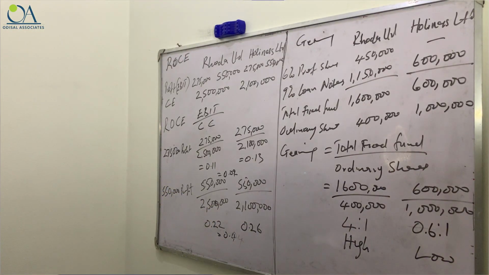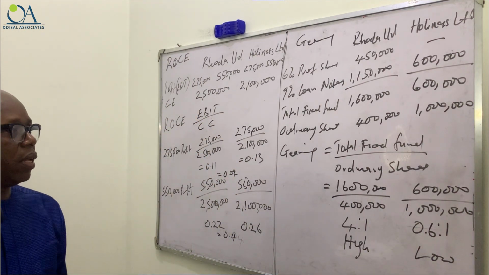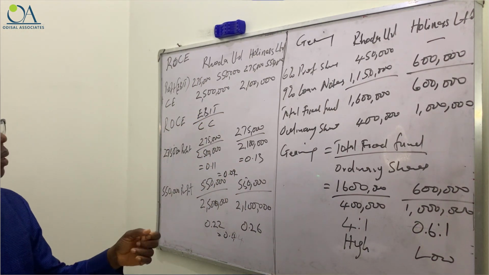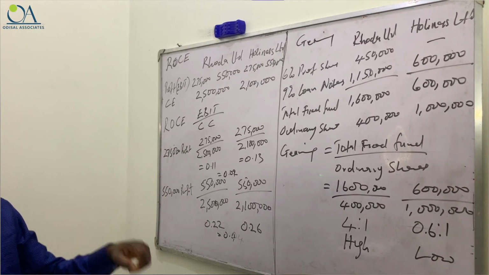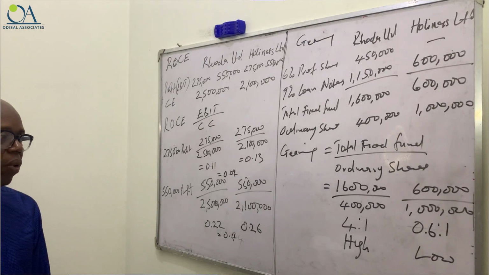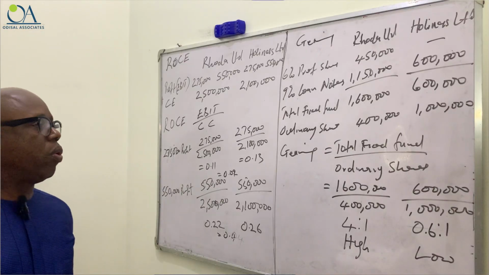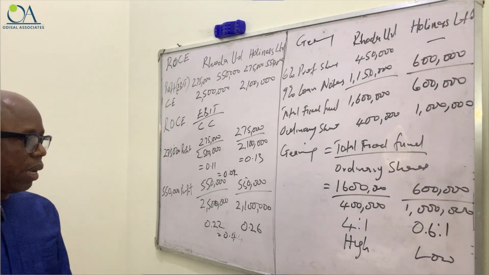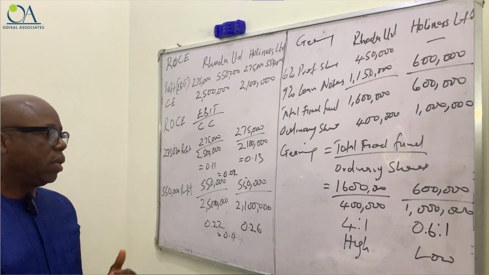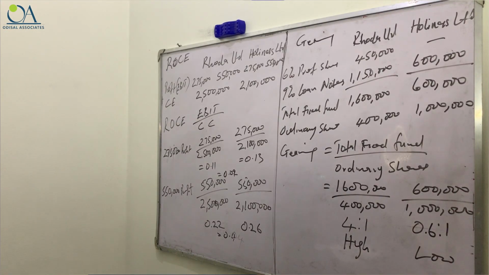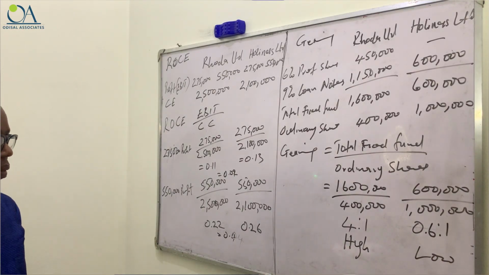0.6:1. You can see that Rhoda's gearing is very high because of the presence of the preference shares and the high loan notes that they have taken. What it means is that their business is financed more by debt than by their own investment, the shareholders' investment.